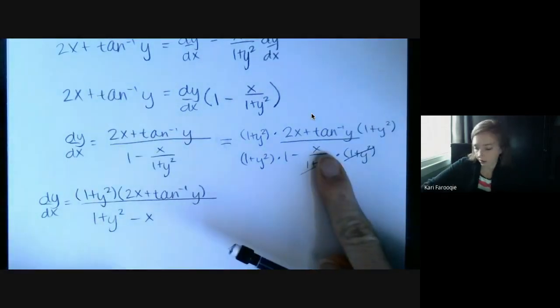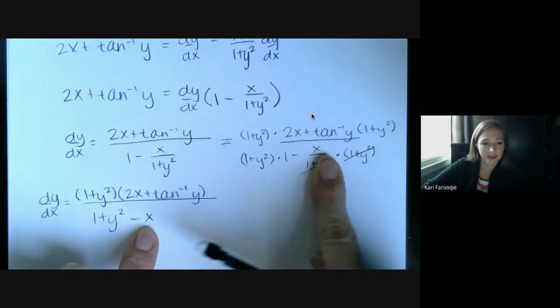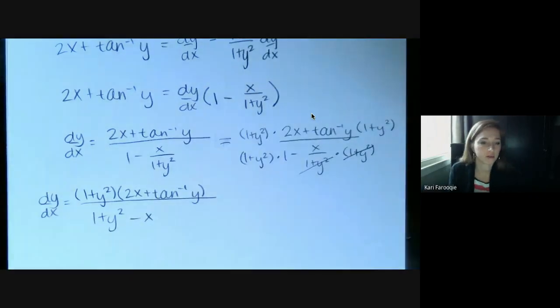So the minus x comes from the numerator of the second term of your denominator. And then the 1 plus y squared is from the first term of your denominator. And this, I would say, is fine. Don't worry about getting too crazy here. There's no complex fraction. That's mostly what I was wanting to avoid here.